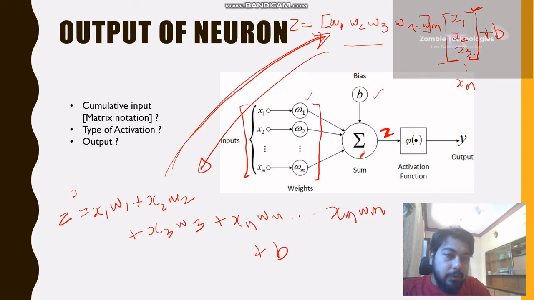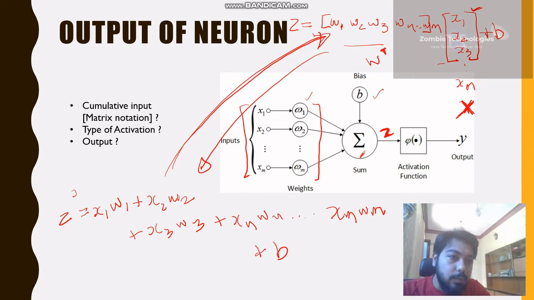As you can see, this is the x matrix. We represent a matrix by a column vector, or we could say this is W transpose, because it's a row vector. A row vector is nothing but the transpose of a column vector.